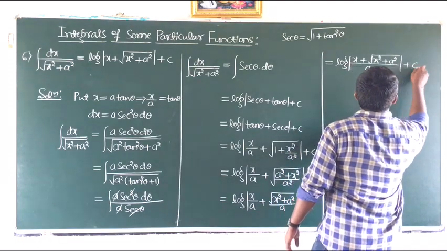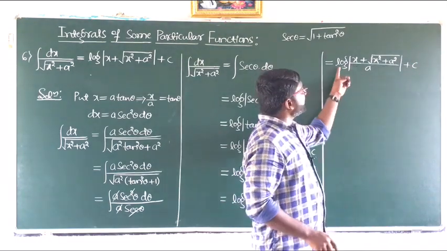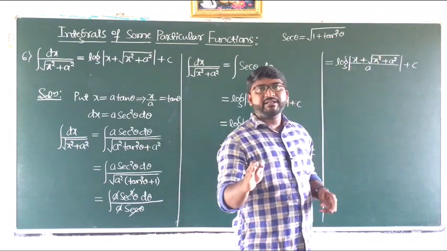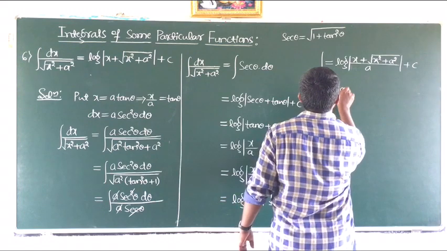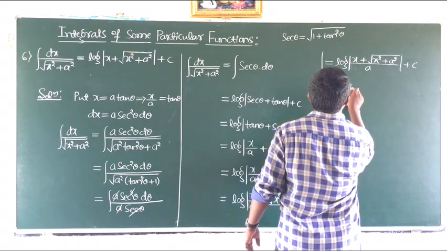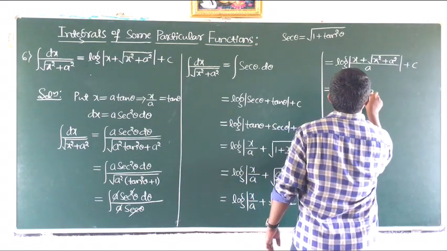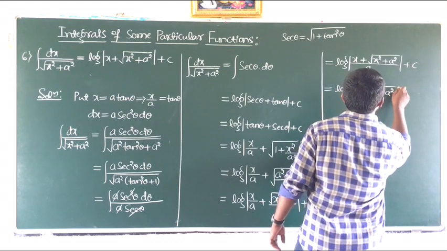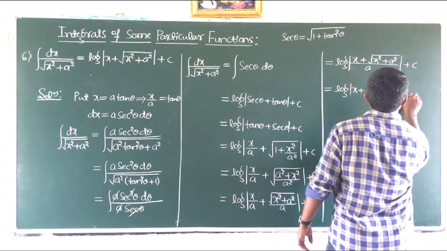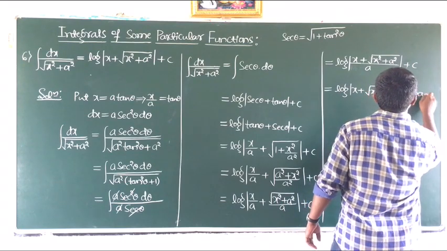plus c. Now this is in the form of log of x by y, which can be written as log x minus log y. So here, which is equals to log mod x plus under root x square plus a square minus log a plus c.